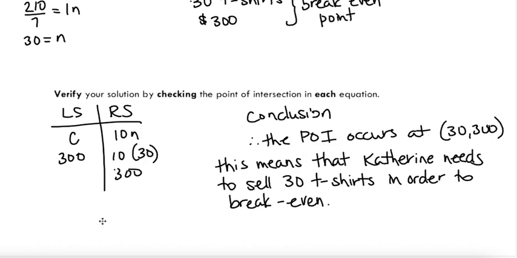And we know that if she sells less than 30 t-shirts, she's losing money. So she'd end up paying more to the supplier than she makes. But if she sells more than 30 t-shirts, then she's earning a profit.